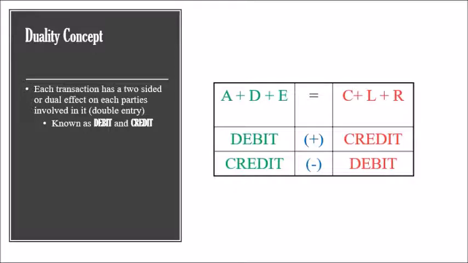Okay, so we're going to go into the duality concept. The duality concept is that each transaction has two sides, or a dual effect on each party involved, known as a double entry, debit and credit. Debit literally means just the left side, and credit is just the right side. This is just the literal meaning.